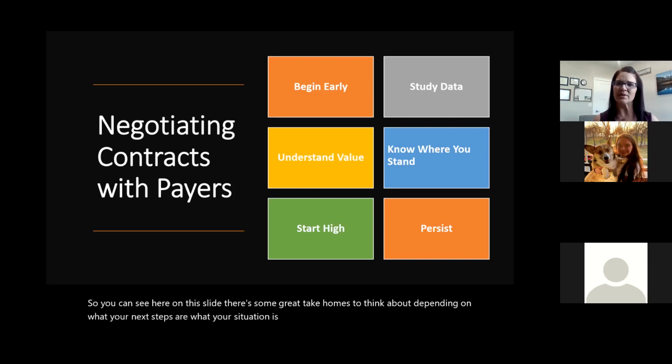But of course, you always want to begin your negotiations early. We know that, especially when it comes to negotiating finances, these things can go back and forth and take some time. Of course, studying your data, as you can see, there is so much that we can learn about our data. We can learn about our services, understanding the value to volume.